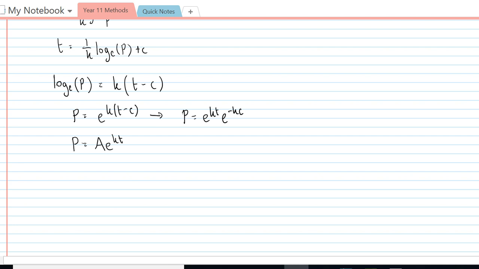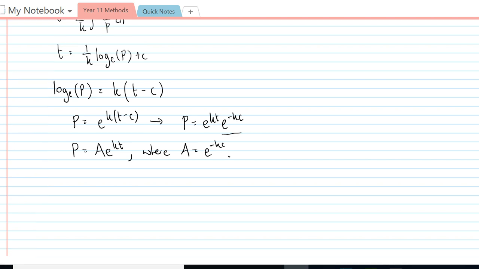So just using the index laws, we would know that we could add those two powers together and arrive at the same thing as we had. And the thing is that this e to the power of negative kc is just going to be some constant, and so we're just calling that a. So I'll say where a equals e to the power of negative kc. And I think that'll about do it.